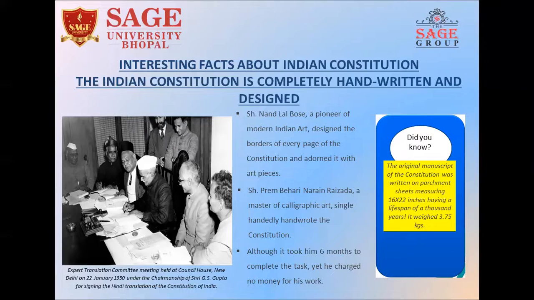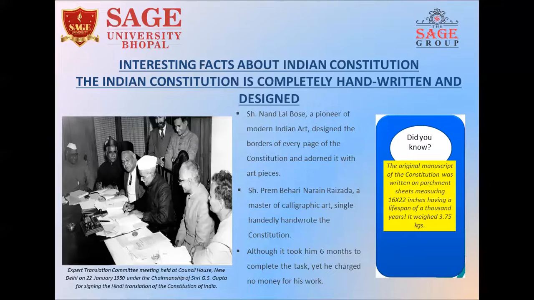Sri Prem Bihari Narayan Raizada, a master of calligraphic art, single-handedly wrote the entire constitution in calligraphy. It took him 6 months to complete the task, yet he charged no money for his work.